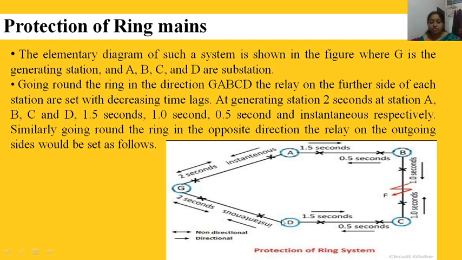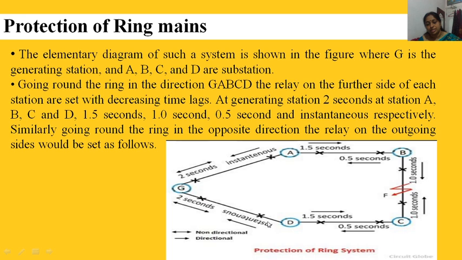Again here D is instantaneous, that means it is going like this: instantaneous, then 0.5 second is added, then again 0.5 second is added, so it is 1, then again 0.5 second is added, so it is 1.5, then it is 2 seconds.